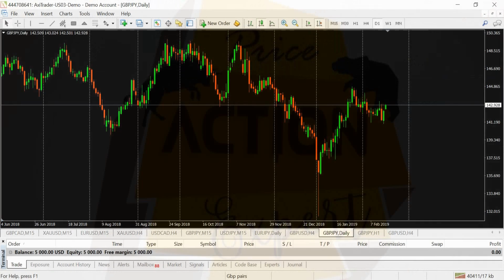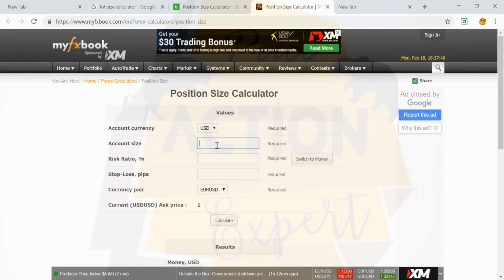Account size is 5,000 US dollars, which I mentioned earlier. Let's type 5,000 here. The risk ratio. I'm stressing this again and again to all my members and all my students: always use 1% risk.